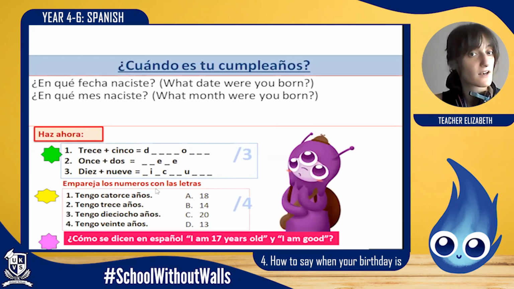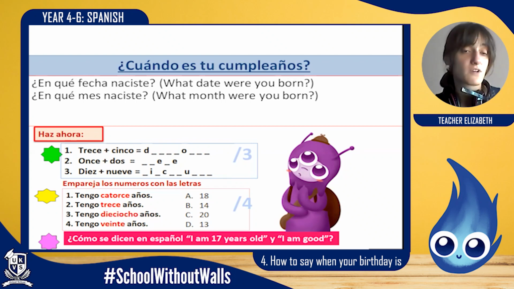So empareja los números con las letras. So what you have to do is think about the numbers. So let me just make this red for you. Yeah, you can see that. So tengo 14 años, tengo 13 años, tengo 18 años, tengo 20 años.